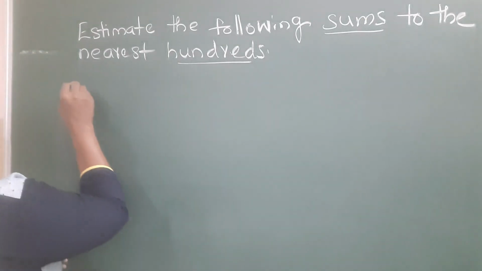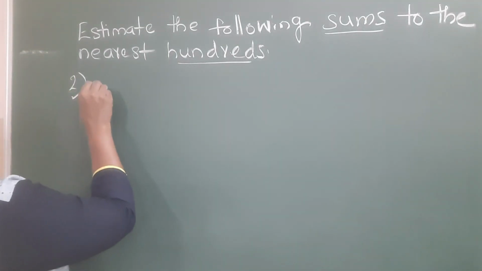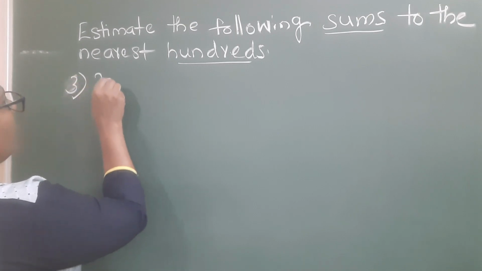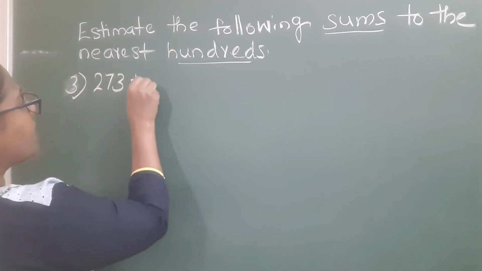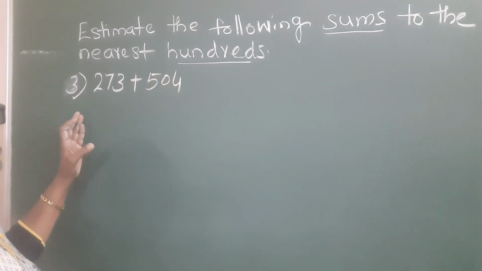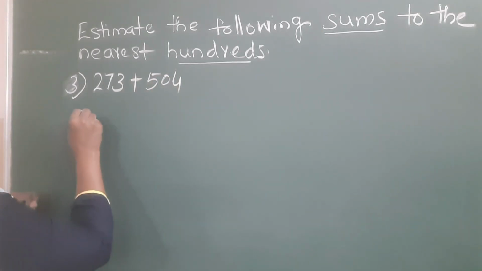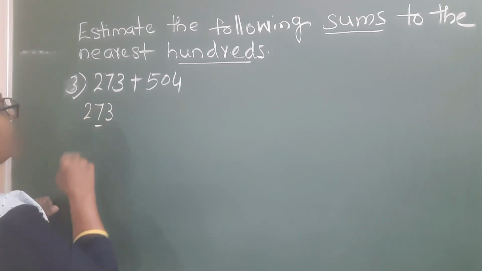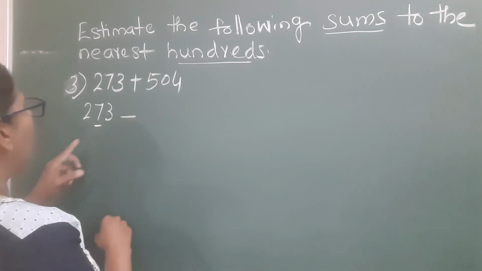Next one is 273 plus 504. First we will do 273. In 273, 7 is in tens place.